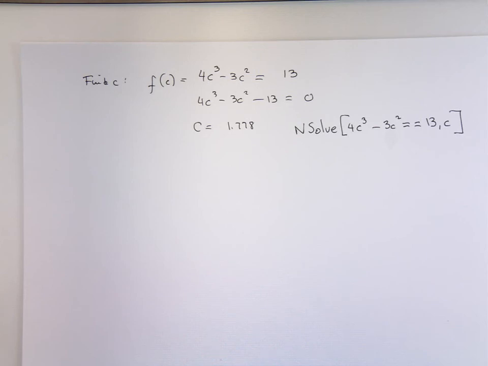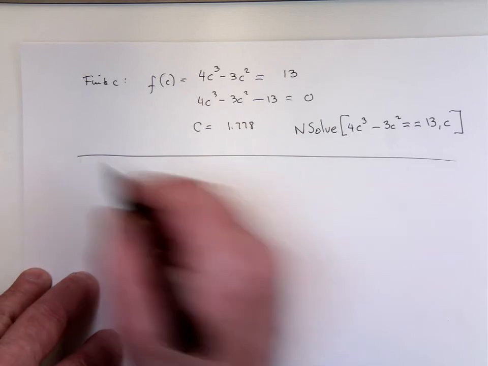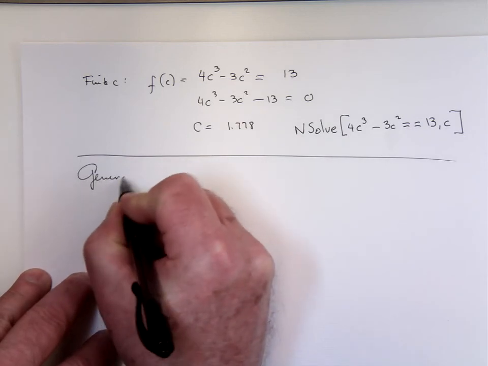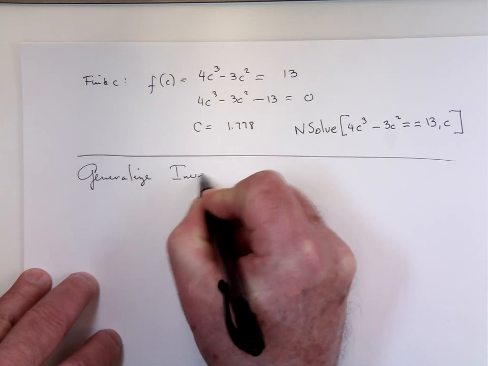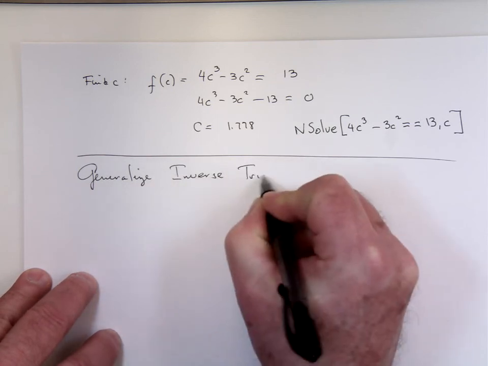That's it. Okay, ready to go on? We got a few things to do. Here we go. First thing we have to do is to generalize the inverse trig functions. What does that mean?